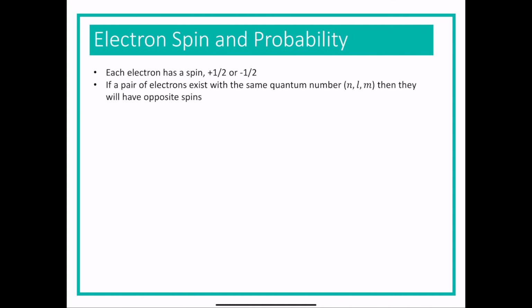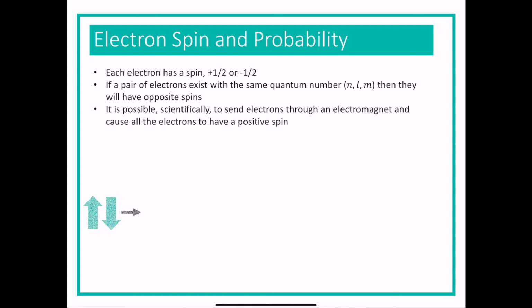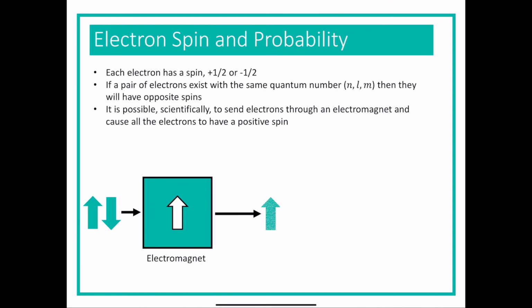You can take a whole stream of electrons and send them through an electromagnet and make them all have the same spin. So you could take a bunch of electrons that have plus or minus a half, send them all through this electromagnet, and have them all come out with a positive spin, positive 1/2.